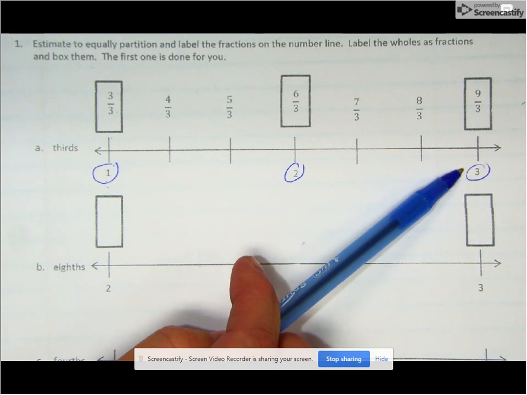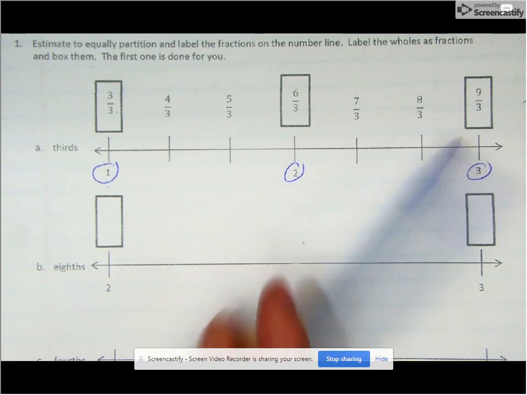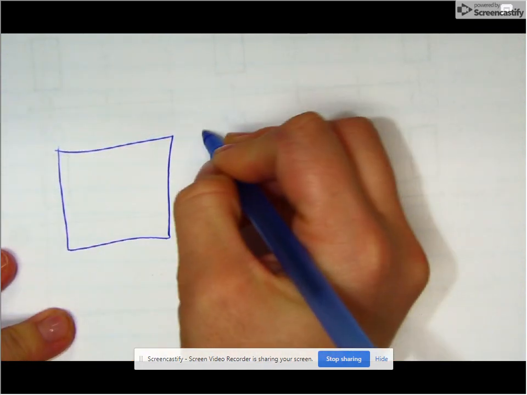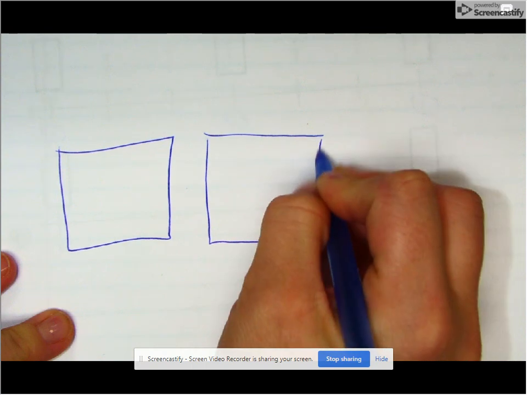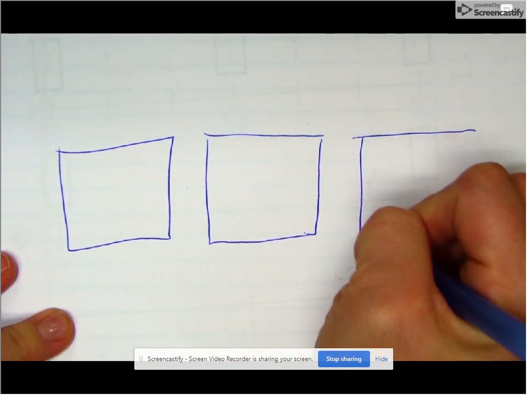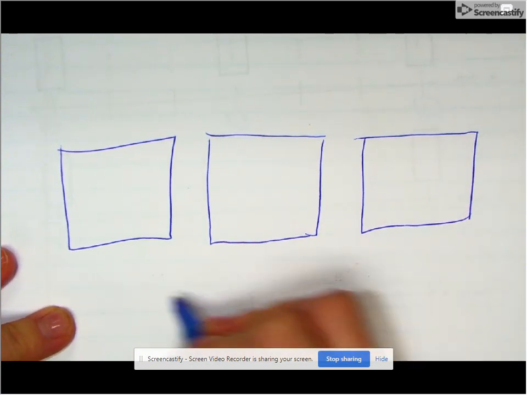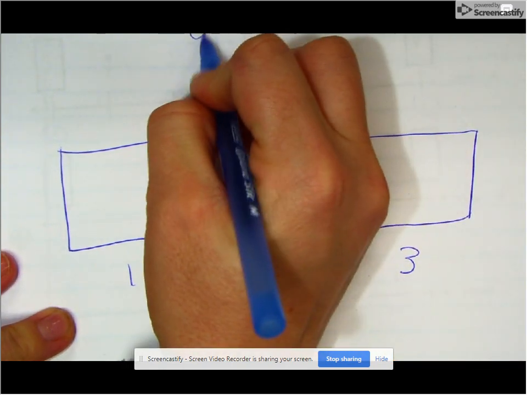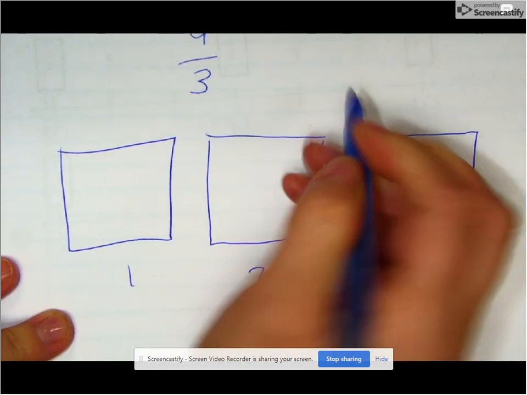The best way that I try to explain this is that 3 wholes could be like 3 whole brownies. You got 1 brownie, 2 brownies, and 3 brownies. And the improper fraction was 9/3.